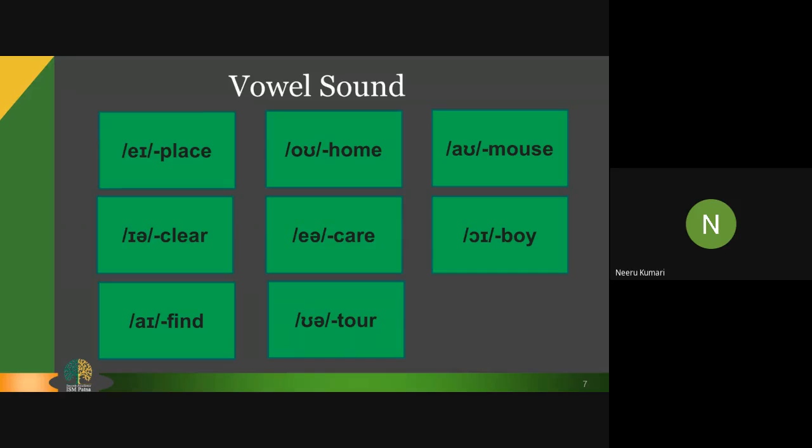Now, look at the word, and here the A will represent the sound. O will represent the sound. OU will represent the sound. EA will represent the sound. AR will represent the sound. OY is going to represent the sound. IN will represent the sound, and then OU will represent the sound.